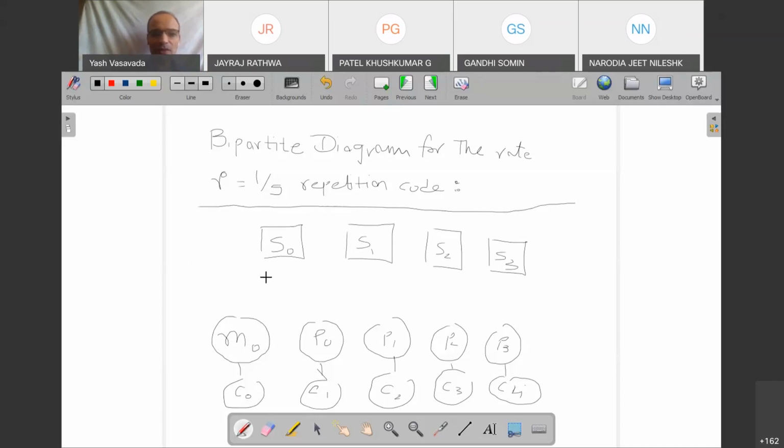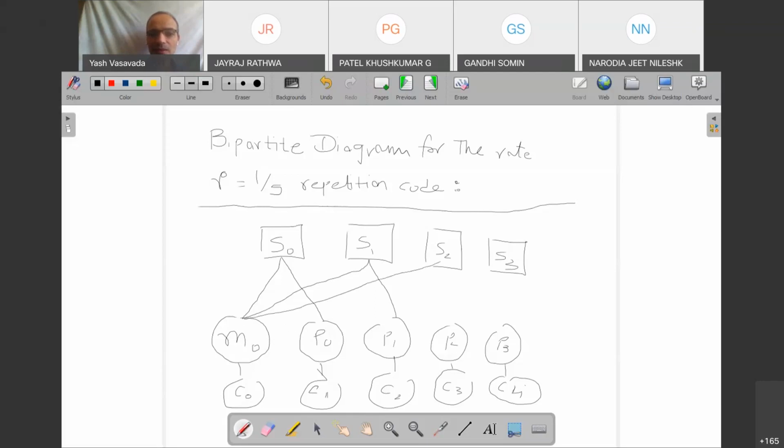So what should be the connection of S0? Exactly, that is correct. So S0 checks that C1 and C0 add up to 0, meaning they are the same. Then S1 checks that C0 and C2 are the same, meaning they add up to 0 modulo 2.